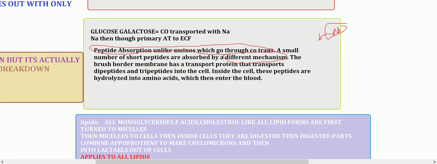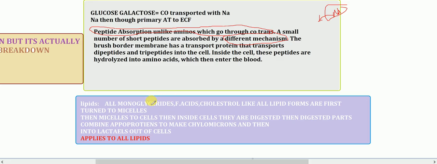Then we're going to be talking about lipids. Look at this whole statement. All monoglycerides, fatty acids. This word "all," you have to look at it. You have to just stare at this word "all." All monoglycerides, fatty acids, cholesterol, all lipid forms are first turned into micelles. What are micelles?